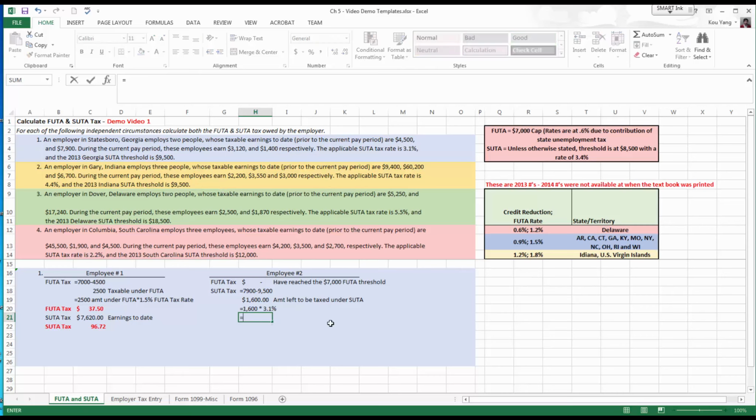So we're going to take that entire 1,400 times 3.1%, for a SUTA tax of $43.40.